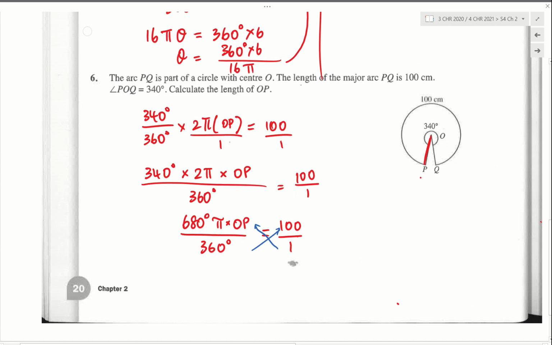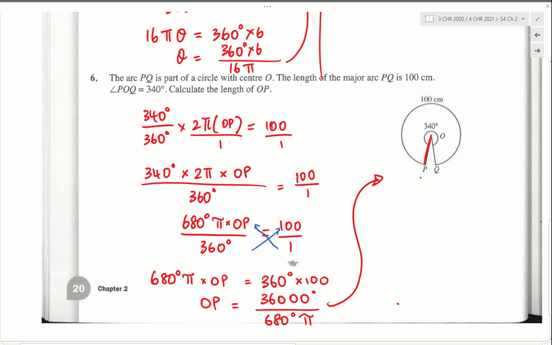From here, write down what you see. 680 degrees pi times OP is 360 degrees times 100. Then OP will be 360 times 100, that is a lot, 000 degrees over 680 degrees pi.